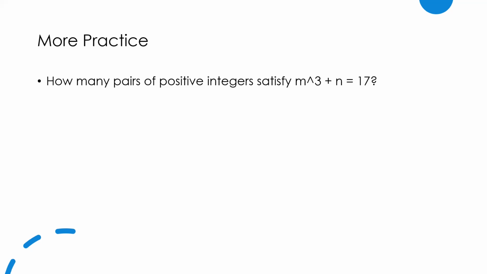Let's start here. First, let's just do the case of m equals 1. 1 cubed is still 1, and then that means n would equal 16. So we have (1, 16) here. Now we have the second case, where m is 2.